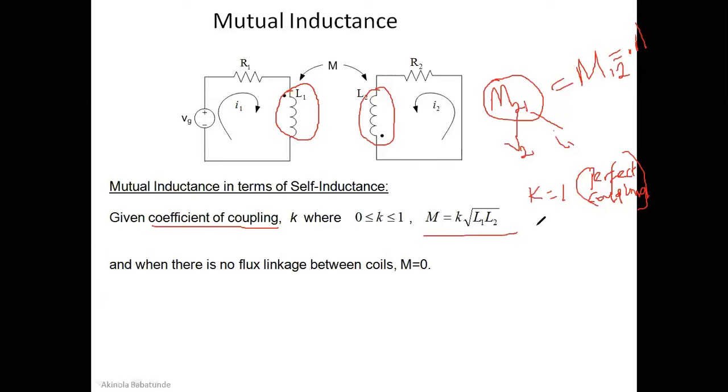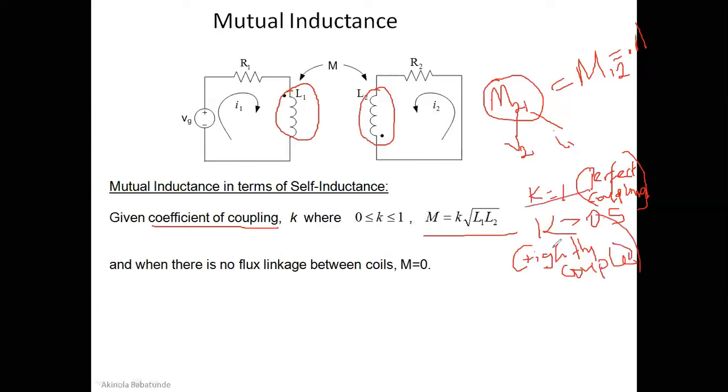There are times when you can have your K greater than 0.5. When K is greater than 0.5 but less than 1, you can say they are tightly coupled together.